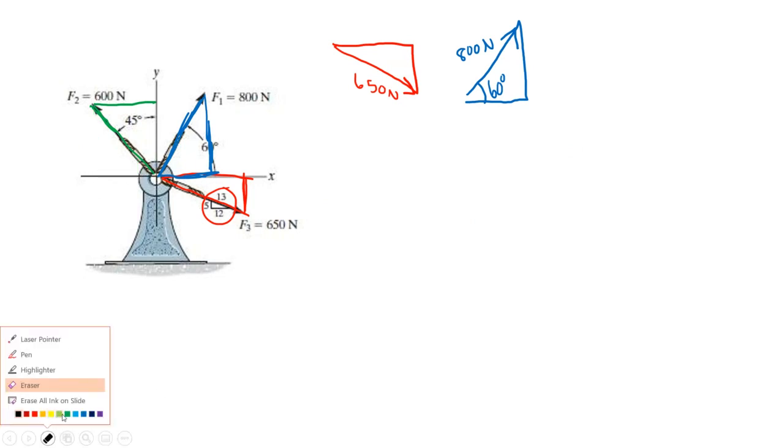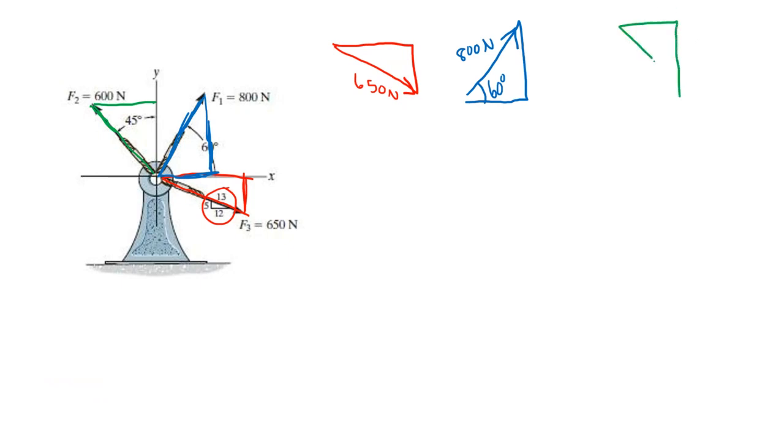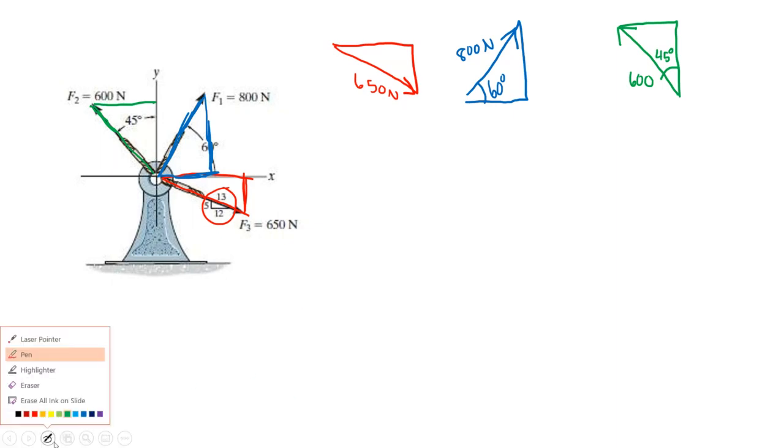So let's go back to green. It is horizontal, down, and this way. And we know that this angle right here is 45 degrees, and the hypotenuse is 600, and the direction is going that way.